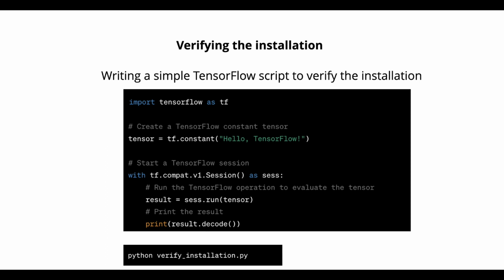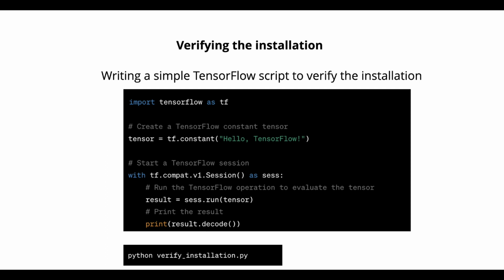Next, it starts a TensorFlow session, which initializes a session to run operations and evaluate tensors. Next, it runs the TensorFlow operation, executing it to evaluate the constant tensor. Lastly, it prints the result, decoding and printing the value obtained from evaluating the tensor.